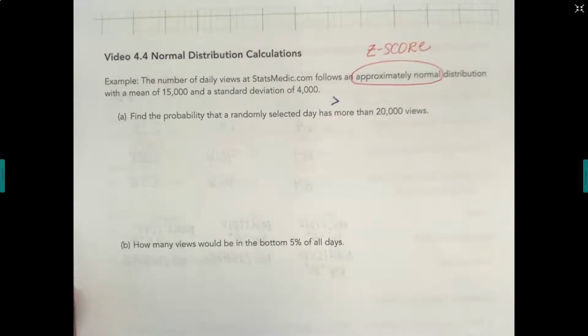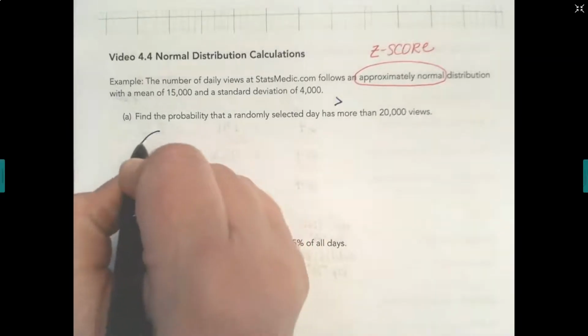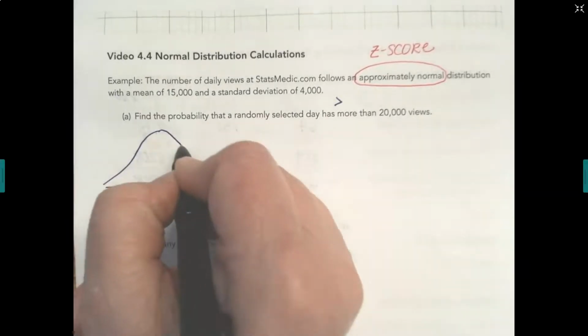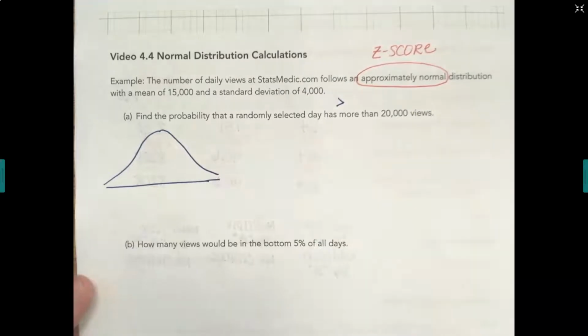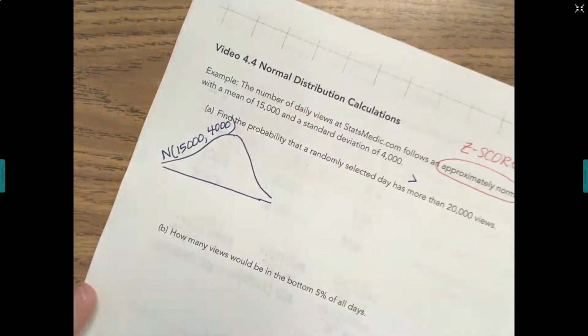So to get this problem started, we want to draw our situation. They said it was approximately normally distributed, so I'm going to draw a normal curve. And we're going to say it's approximately normal with a mean of 15,000 and a standard deviation of 4,000.